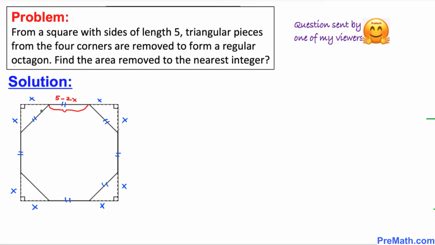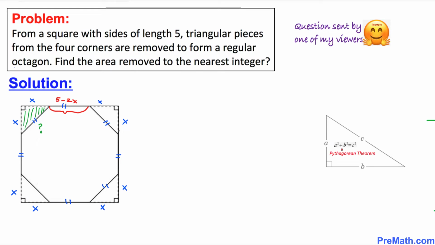In the next step, we look at this triangular corner over here, the one I'm going to shade. This side is X and this side is X, and we want to find this side, the hypotenuse. So we will use the Pythagorean theorem, which states that a squared plus b squared equals c squared.